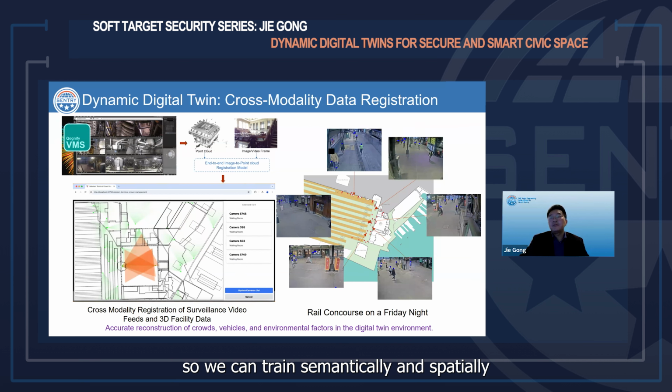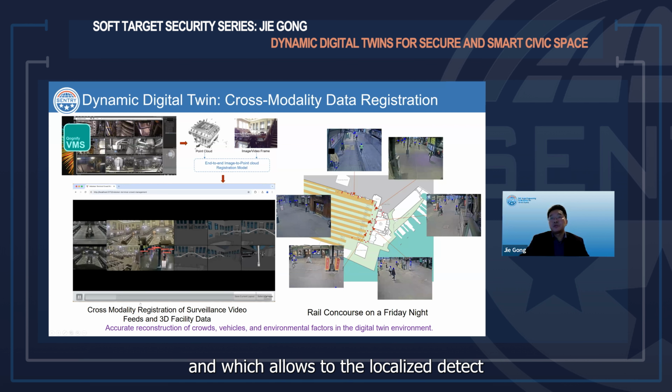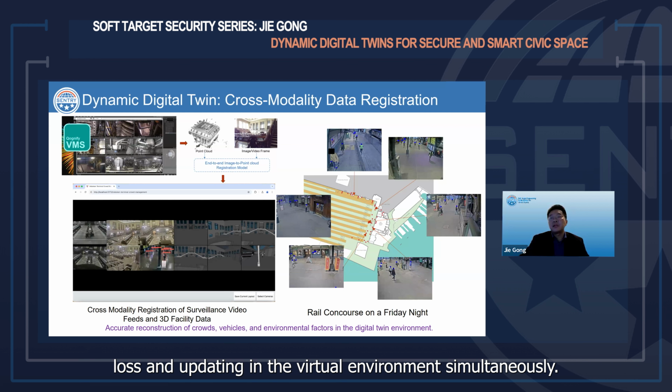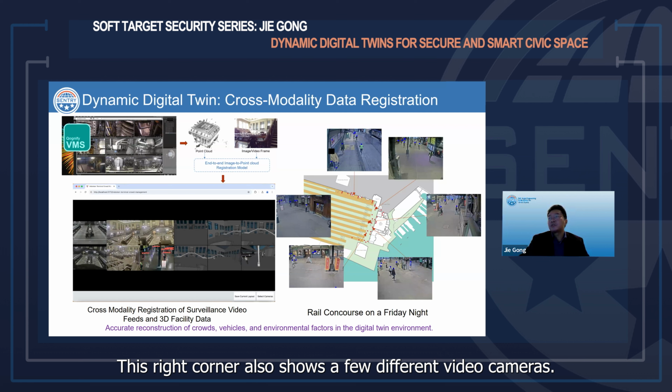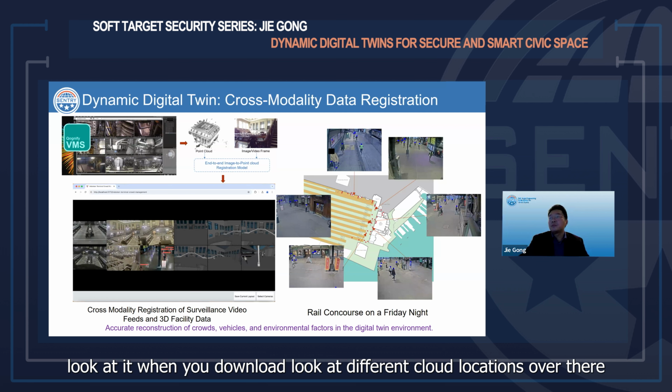We bring them together, semantically and spatially aware, which allows localized detection of crowds and updating in the virtual environment simultaneously. You can see the bottom right corner. Compared to a traditional video interface, we can spatially localize all these video feeds. This right corner also shows a fusion of different video cameras, so you can look across at one, then go down and look at different crowd locations.